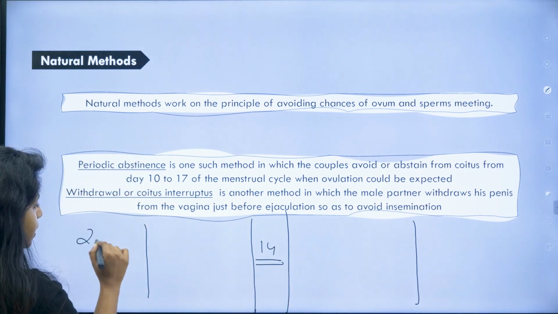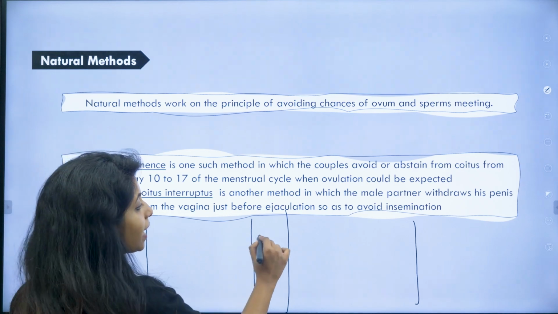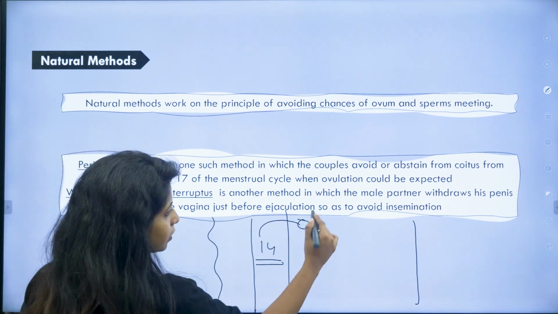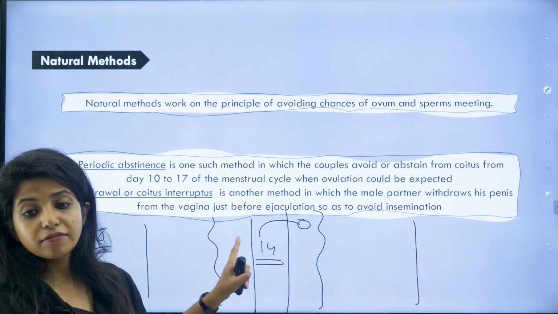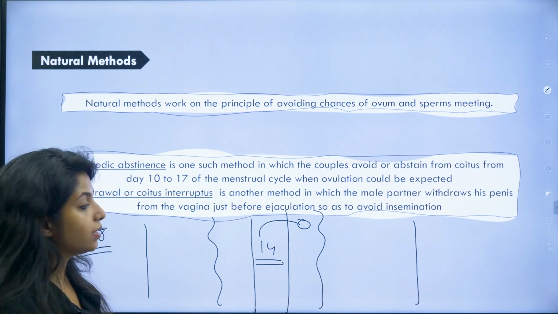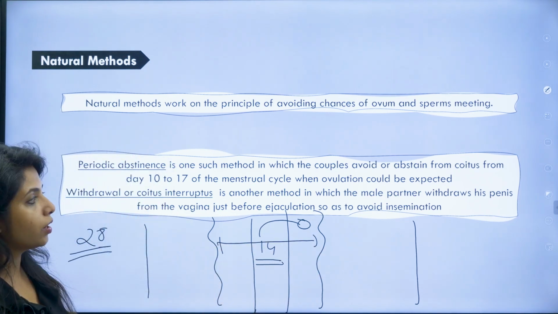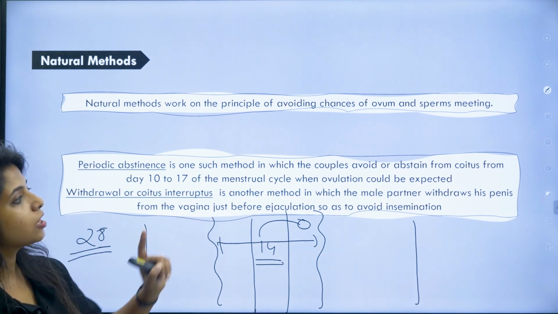It's usually a 28-day cycle, and on the 14th day ovulation takes place, that is, the egg is released. So, if the couple decides not to have sexual intercourse during this period where ovulation is expected, then they are safe. This is known as periodic abstinence.